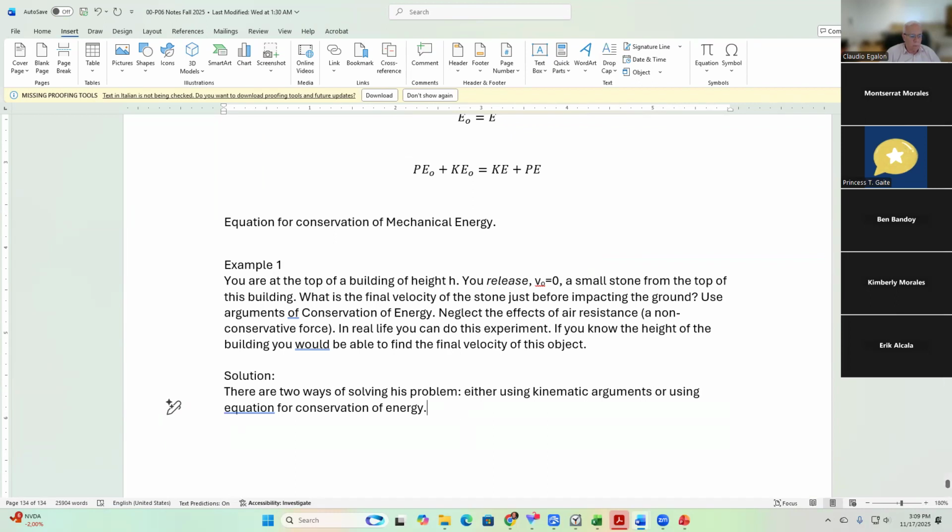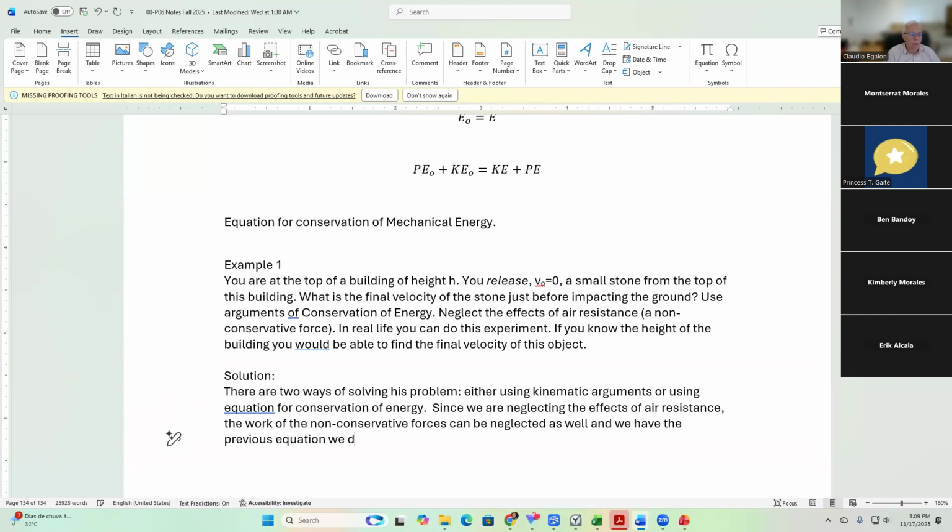Since we are neglecting the effect of air resistance, the work of the non-conservative forces can be neglected as well. And we have the previous equation we derived.